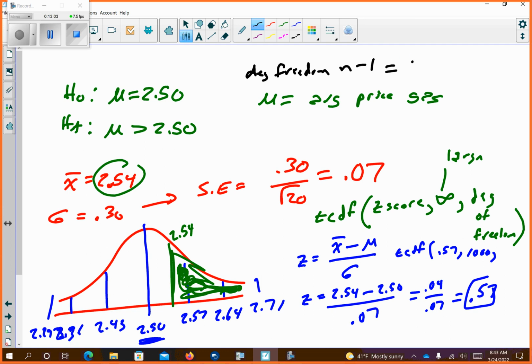Well, my n was 20. 20 minus 1 is 19. Okay? Now we just have to find the TCDF. So I have 0.57 and a thousand or 10,000 or a million. Take that out there. And let's take a look.